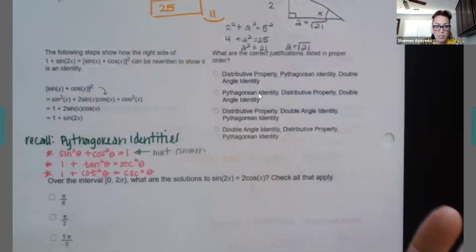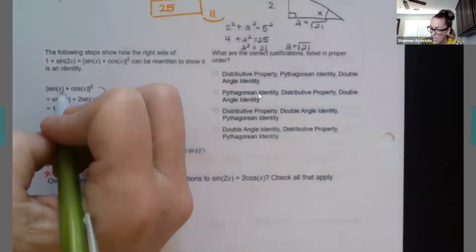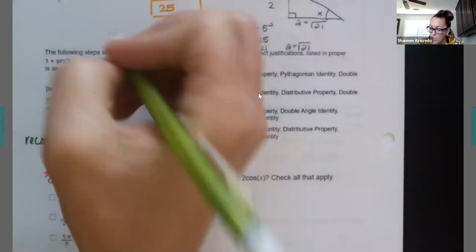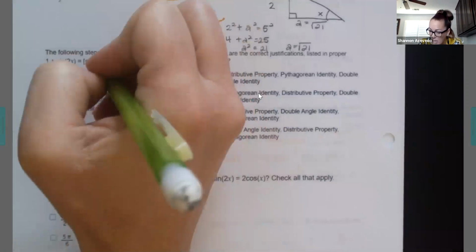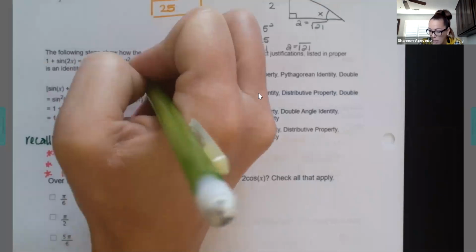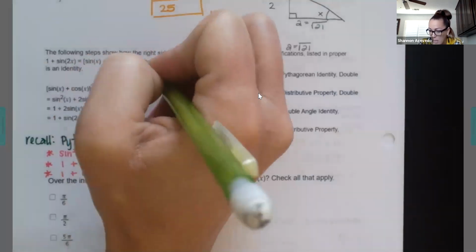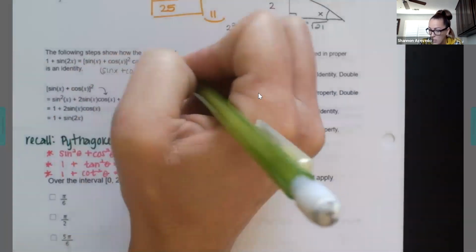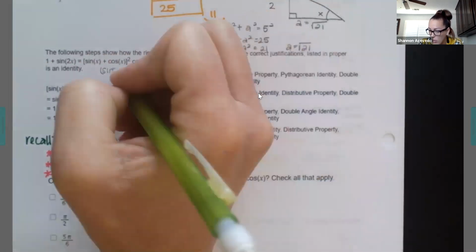This is kind of confusing when you look at it, like how did they get this whole thing? Well, this quantity squared is saying that you're taking your sine of x plus cosine of x and multiplying it by sine of x plus cosine of x. So then you would distribute it through.